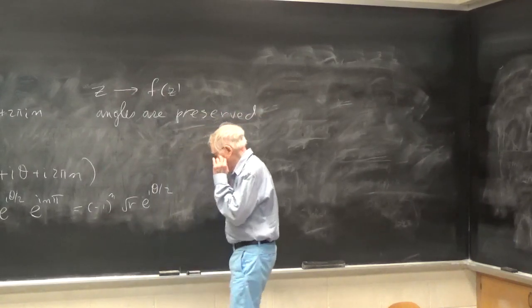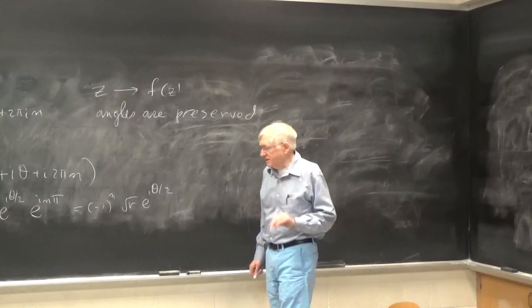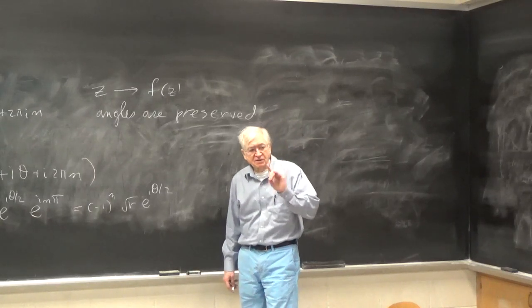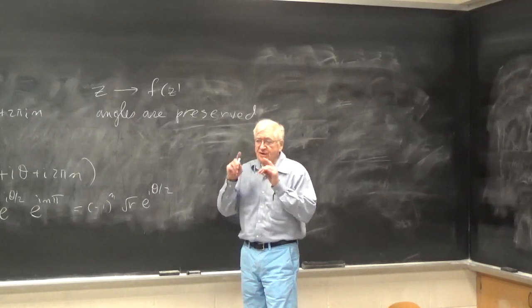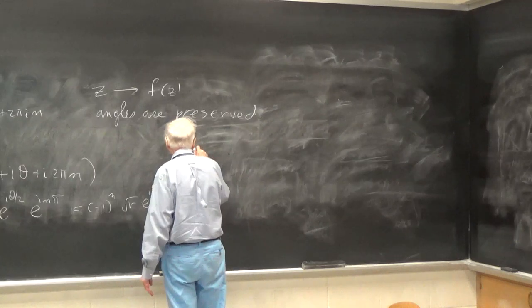Why is that? They're preserved because f is an analytic function, and they're preserved as long as f prime of z isn't 0. In other words, the angle at z. Let's consider what the angles are.